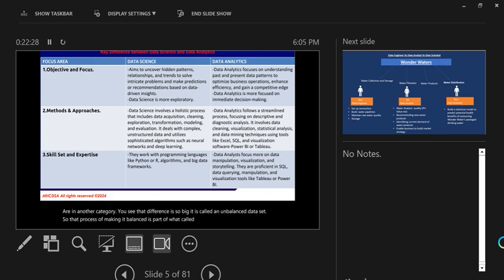So after I transform, I go to modeling. Maybe I want to build a machine learning model that is able to predict the performance of students based on age and gender and so on. So that is called modeling. Then after I build my model, there's what's called evaluation.